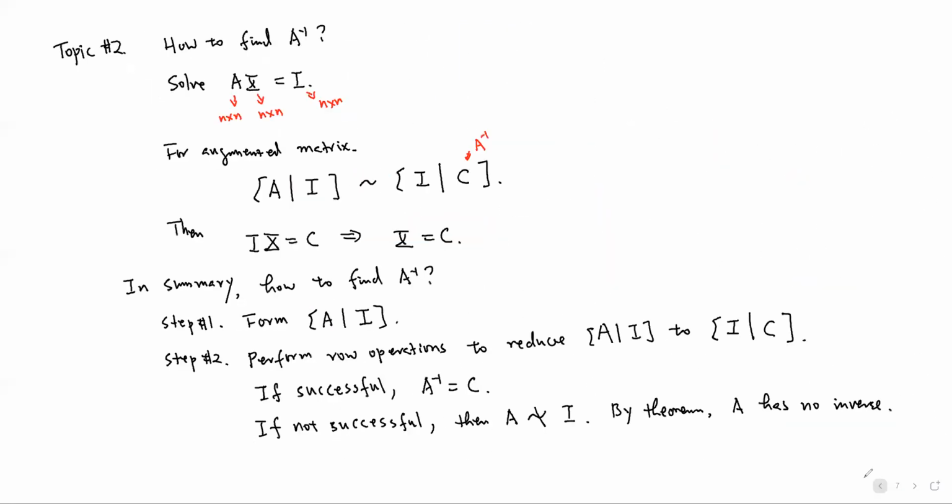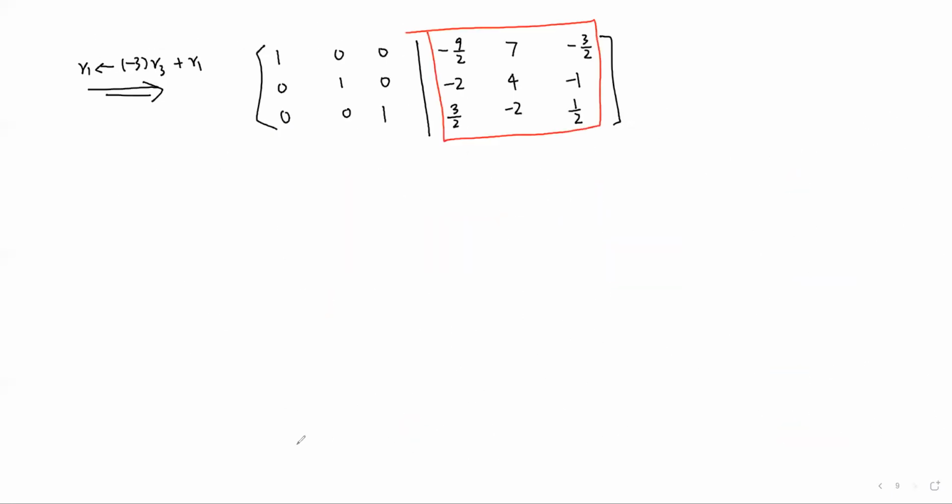This part is A inverse. So the conclusion, A inverse is -9/2, then 7, 3/2.